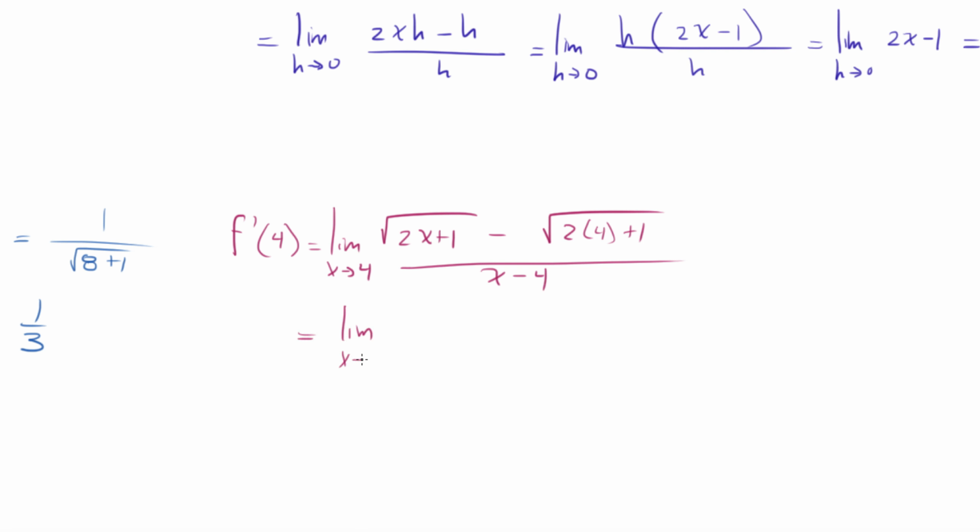Okay, so this is that. Let me just draw that a little bit nicer. Okay, radical 2x plus 1 minus square root of, so this is 2 times 4 is 8, plus 1 is 9, so radical 9 is 3, okay, and x minus 4.